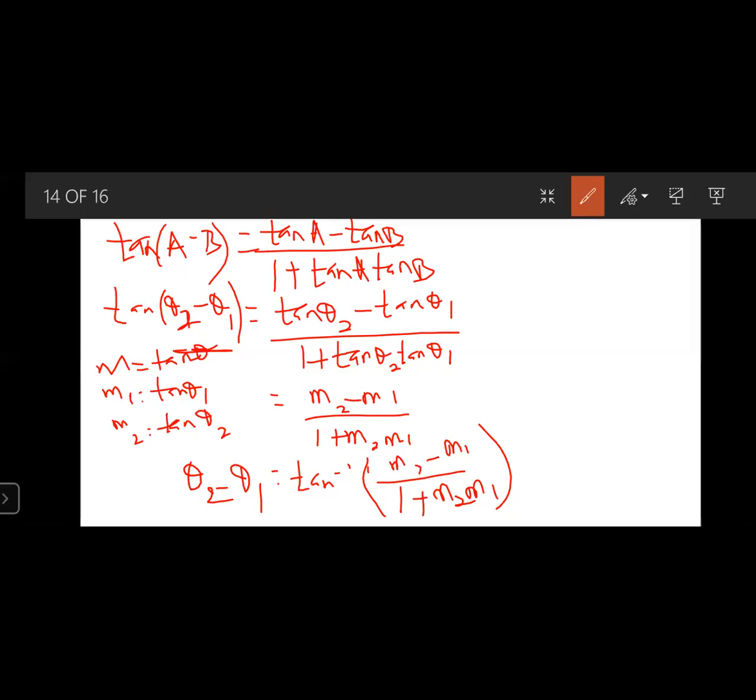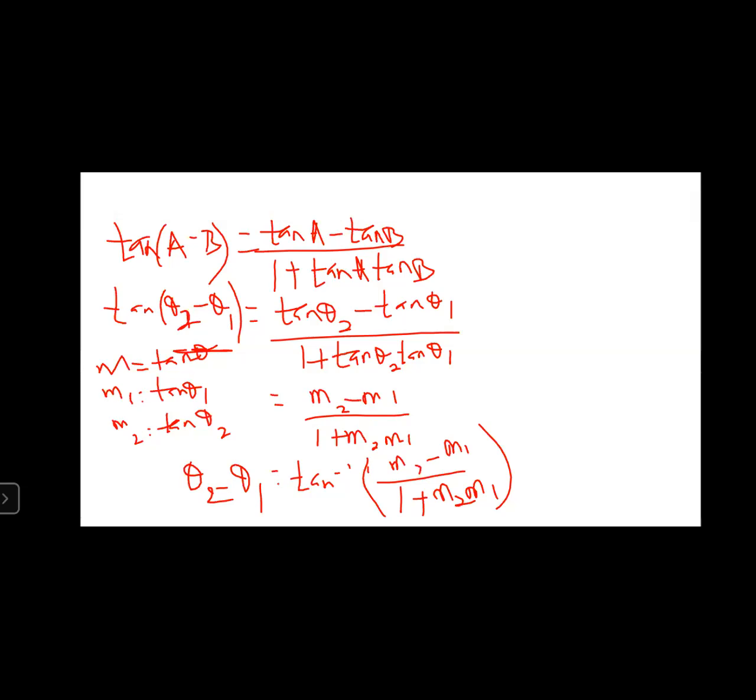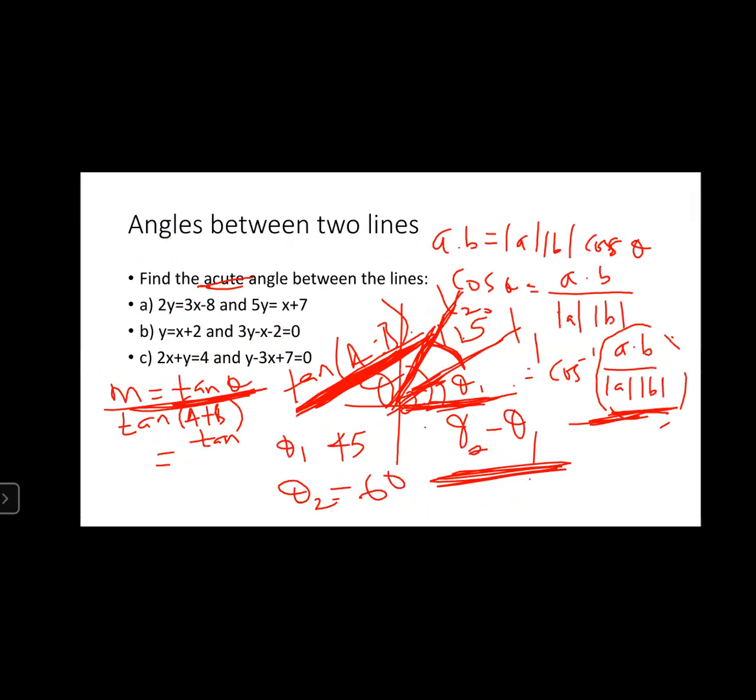Find the acute angle between the lines 2y equals 3x minus 8 and 5y equals x plus 7. What we need to do here is find M1.